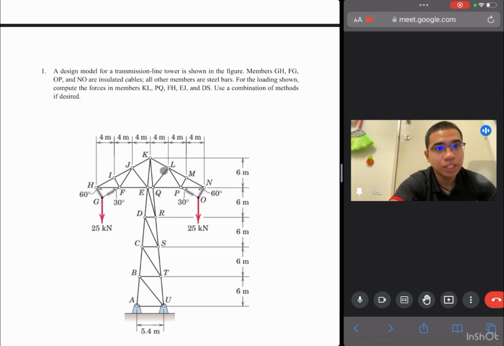So we see here KL, PQ, FH, EJ, and DS. DS is down here below. And use a combination of methods if desired.